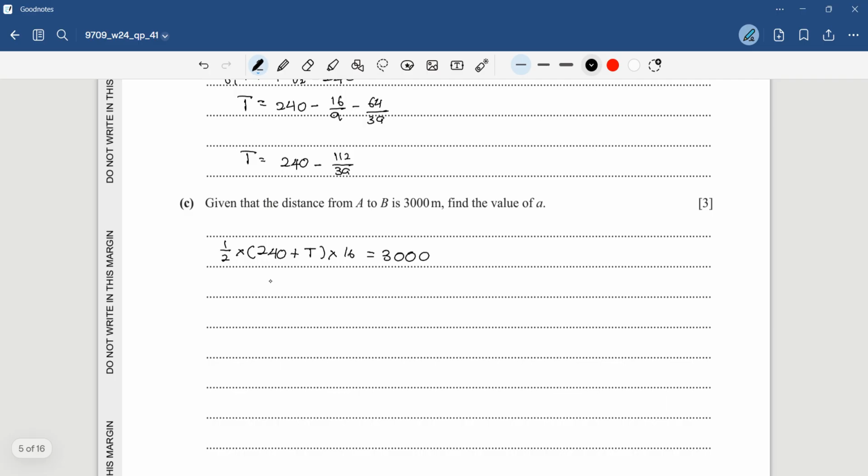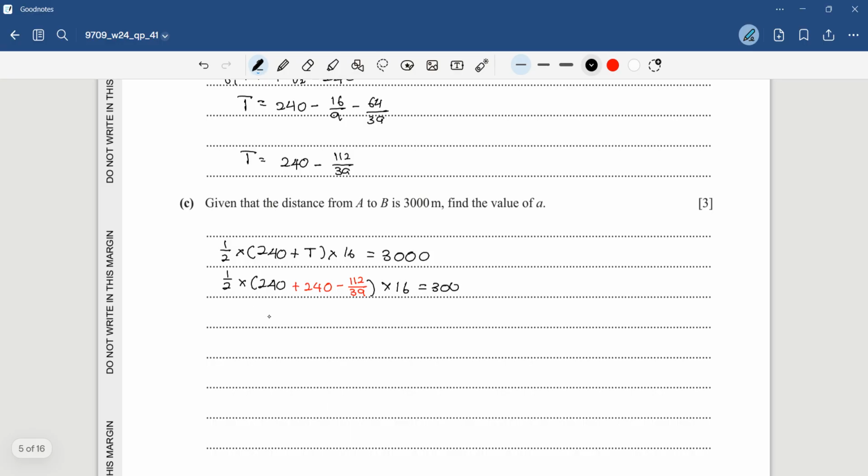So from here, T is equivalent to this. So you can just rewrite 1 over 2 times 240, and I take the T from part B plus 240 minus 112 over 3A. Okay, this one I took from part B, multiplied with 16 is equal to 3000.